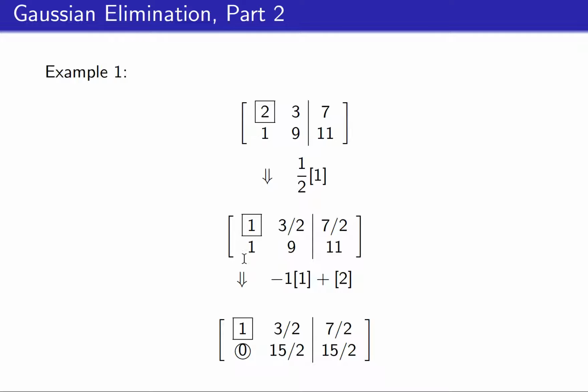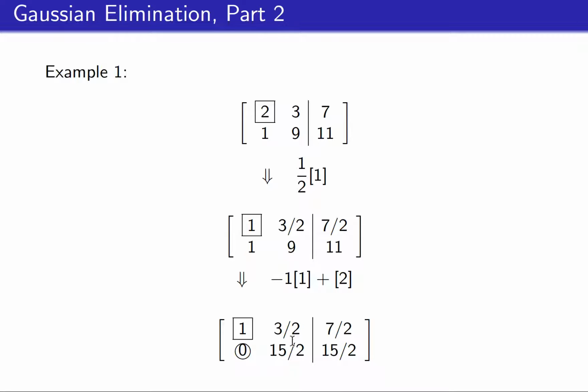And then I get the 0 here. And I use this one to make this a 0, meaning I'm going to use it in the operation of type 3 here. I'm going to take this, multiply it by whatever the negative of this is, and add it to it, and you're going to get 0. Okay. So that now, when I'm done with that, the first column now looks exactly as it ought to.